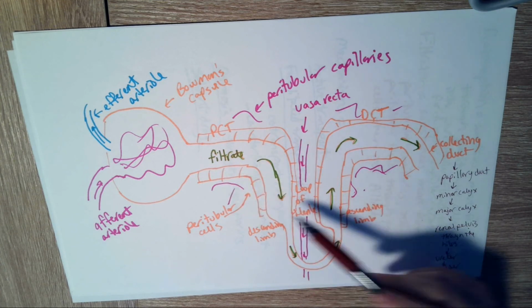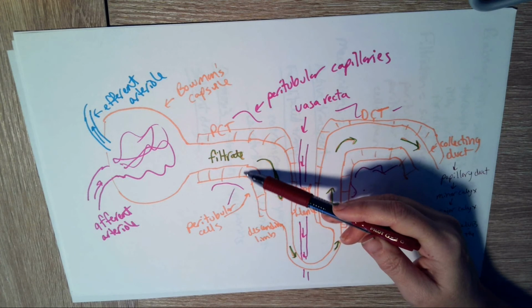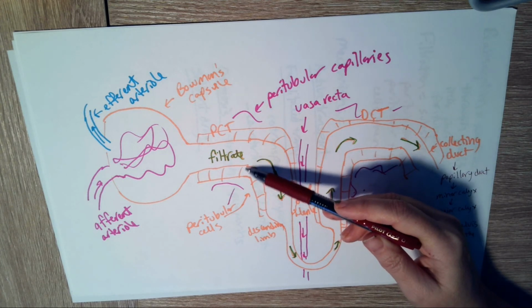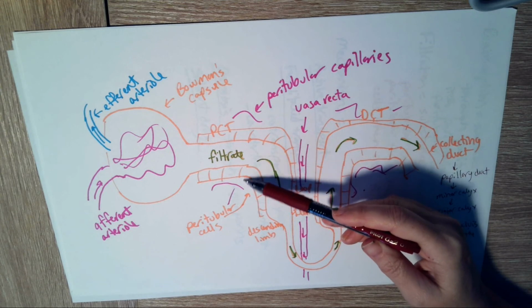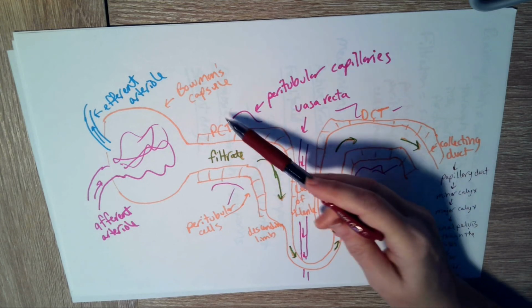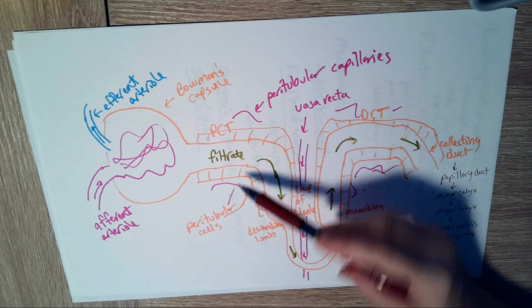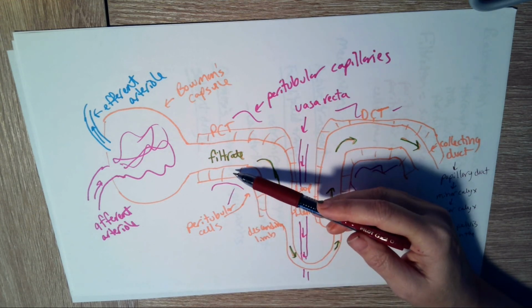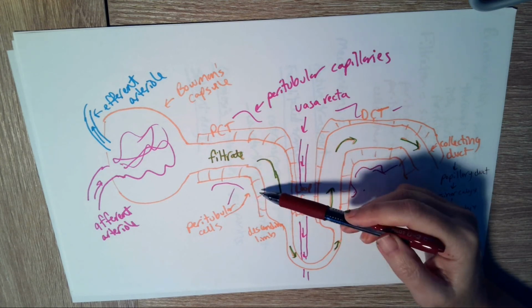Where we have the simple cuboidal epithelium, we're going to have a lot of ions able to move across between the cells and the filtrate, and then between the cells and the peritubular capillaries, which are the capillaries spread all over the renal tubule. So ions and water will be able to move across the cells between the filtrate and the blood where we have simple cuboidal epithelium.